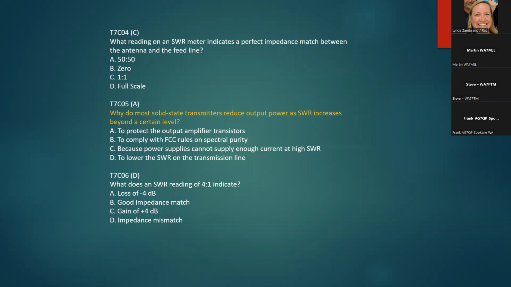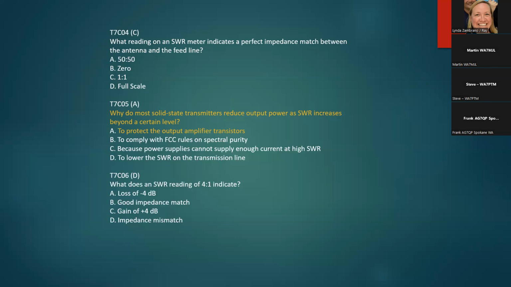C5. Why do most solid state transmitters reduce the output power as the SWR increases beyond a certain level? Well, just as I mentioned, a high SWR, let's say 3 to 1 or worse, will actually protect the output amplifier transistors.